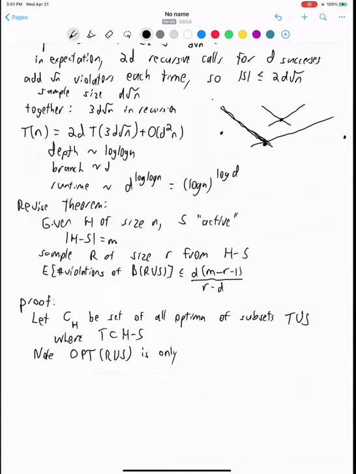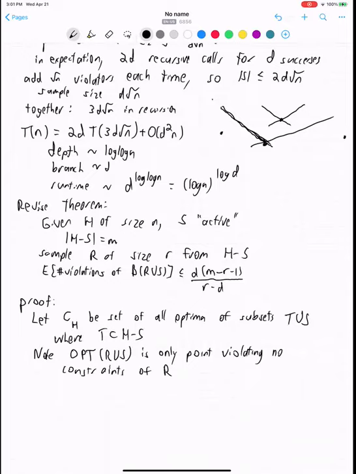is the only point violating no constraints of R. Okay.